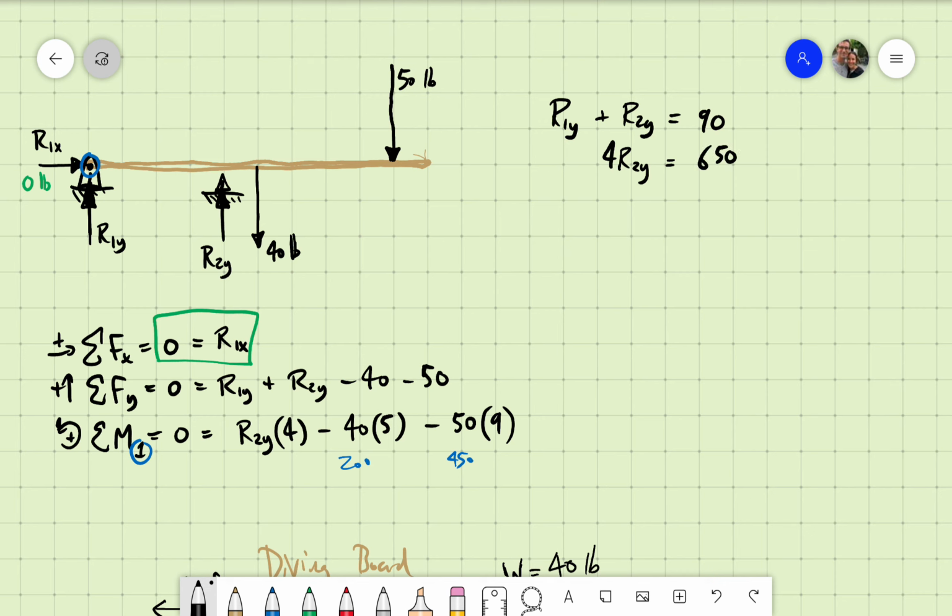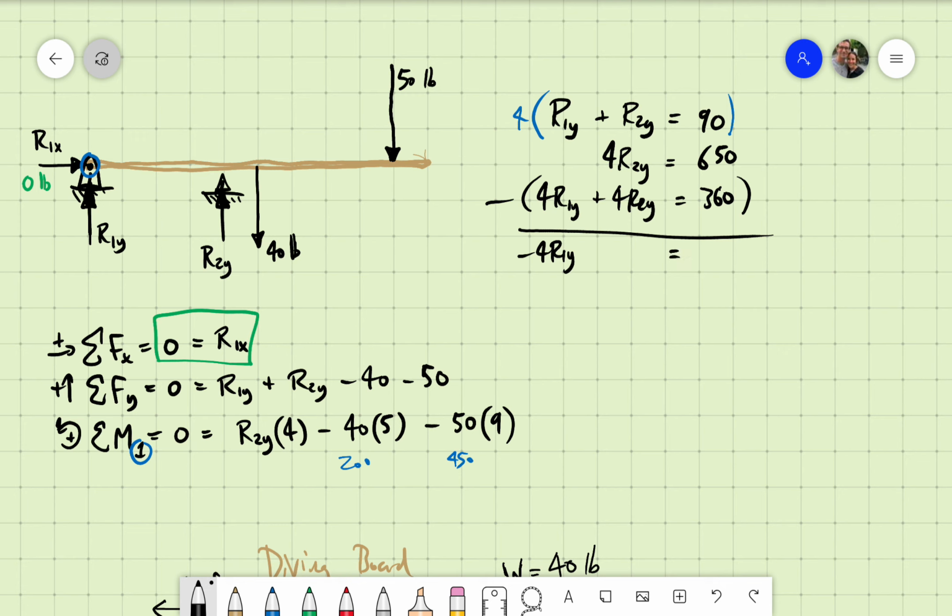It's quite a lot. I'll do my exact same trick. Multiply both sides by 4. Gives you 4R1y plus 4R2y equals 360. We will, once again, subtract those from each other, giving negative 4R1y.